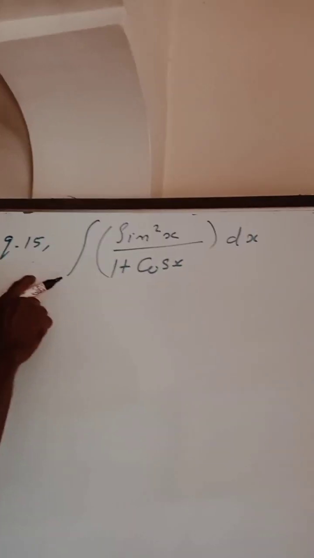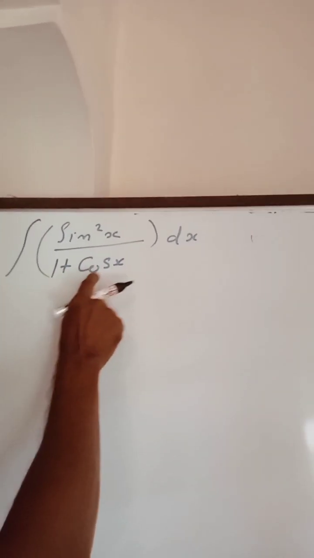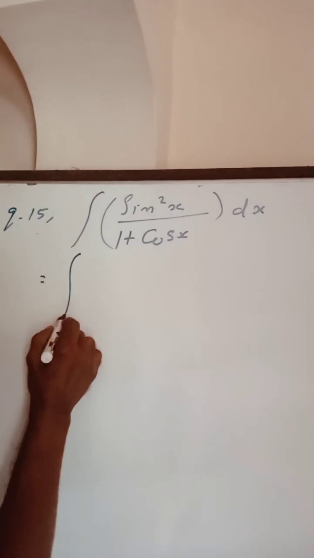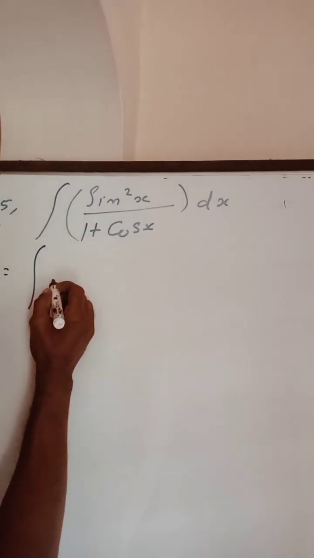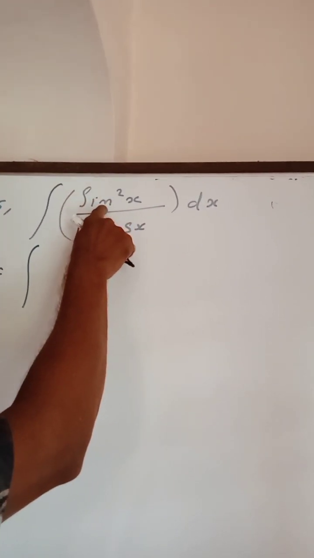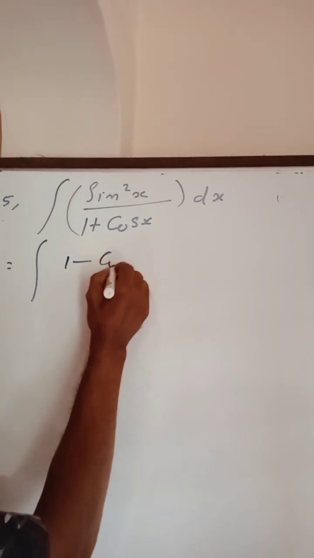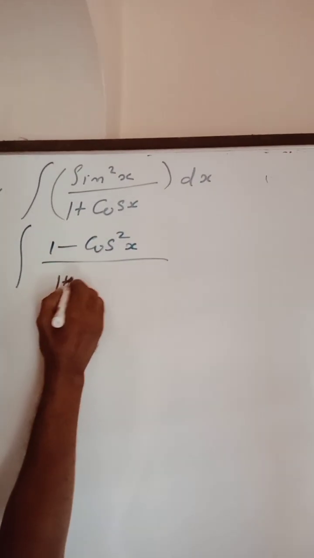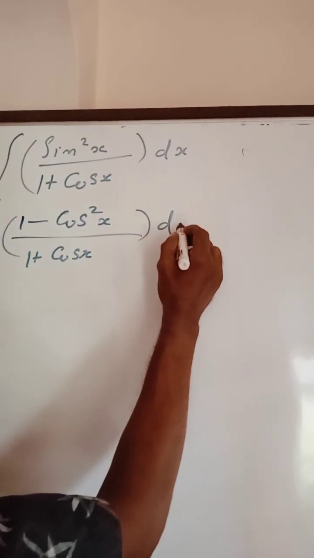Question number 50. Integration of sin squared x divided by 1 plus cos x dx. We know that sin squared x is equal to 1 minus cos squared x. The denominator is 1 plus cos x. So here, instead of sin squared x, we write 1 minus cos squared x, divided by 1 plus cos x into dx.